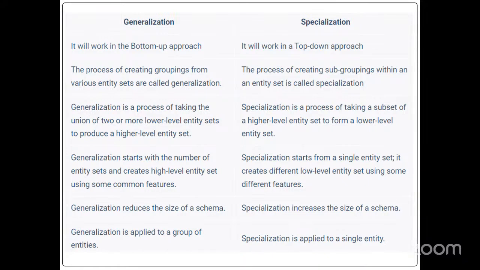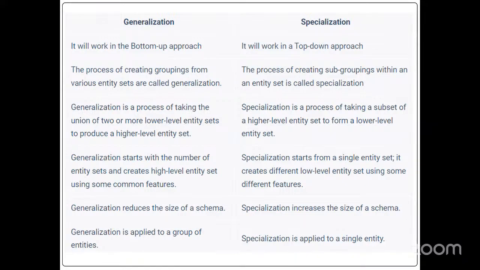This is a top-down approach. Here the process creates groups, called generalization. In generalization we generalize things into the form of groups. Here we are creating subgroups. We call it specialization.